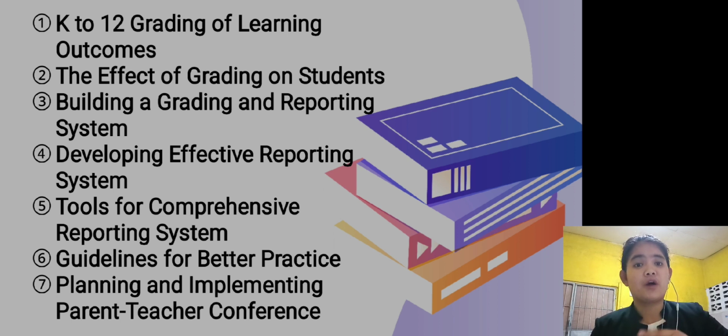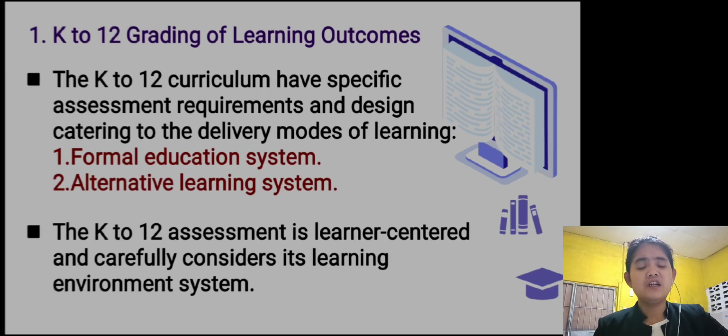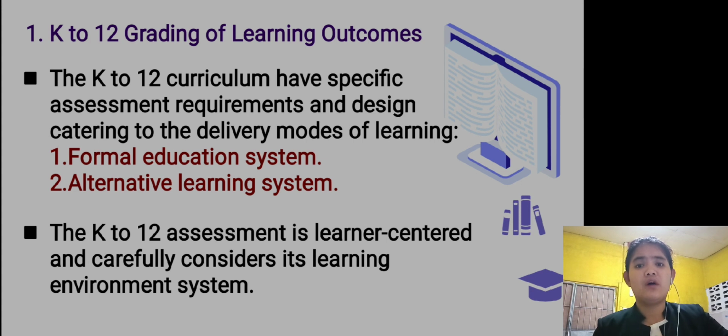Fifth, tools for comprehensive reporting system. Sixth, guidelines for better practice. And lastly, planning and implementing parent-teacher conference. Subtopics 1 to 3 will be discussed by yours truly, while 4 to 7 will be discussed by Mr. Imperado. First, we have the K to 12 grading of learning outcomes.